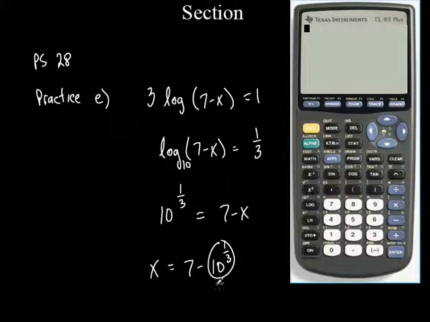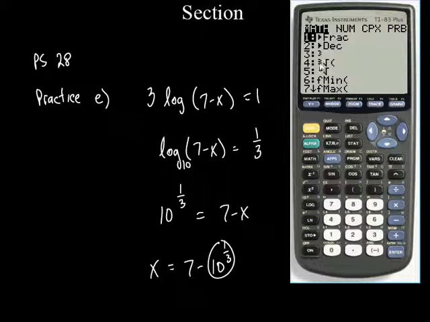So let's just put 10 to the 1/3. I'm not sure if you need parentheses, but I'm going to put it in there since it's a 1/3. So I'm going to put 1 divided by, actually, you know what? You could just use cube root. I'll show you both ways. That's 10 to the 1/3, and that's the number right here. You could take the cube root, and it's under math, I think.